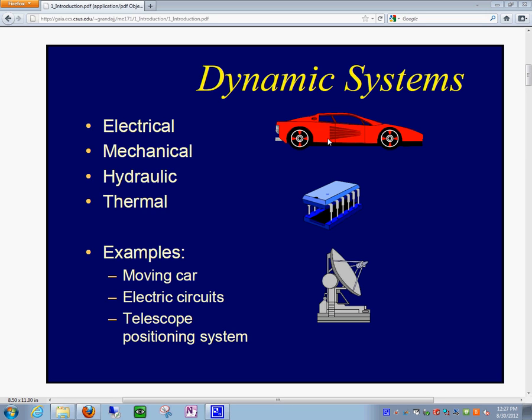Okay, so here are some examples on the slides. You can see a moving car, electric circuits, telescope. We have a positioning system in here. Think about this, the positioning system on an antenna, it has to go and position the antenna where the best reception is.